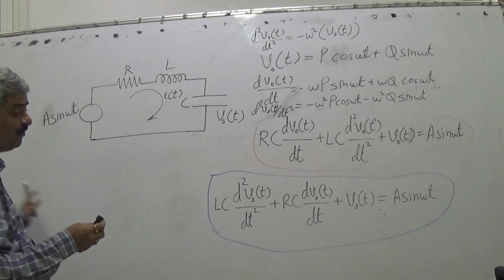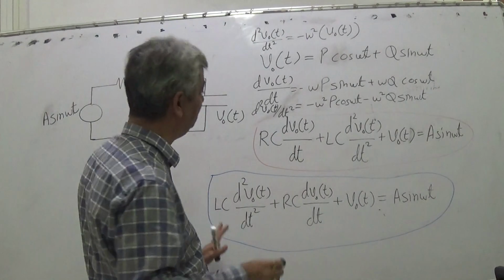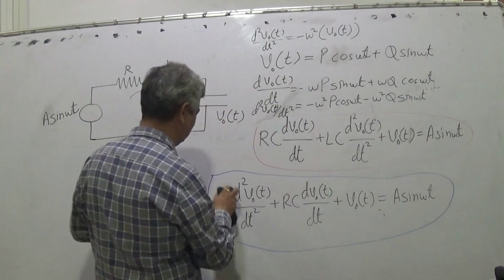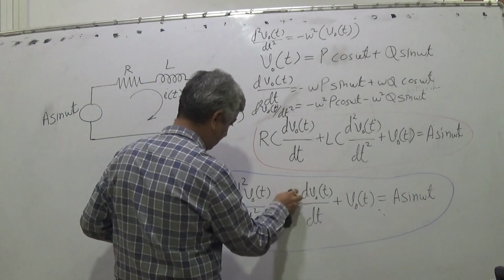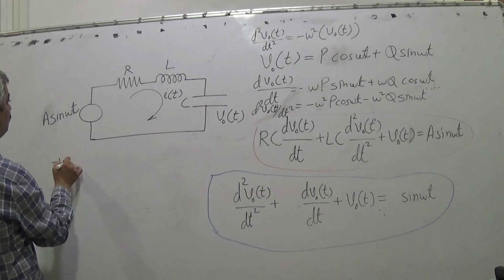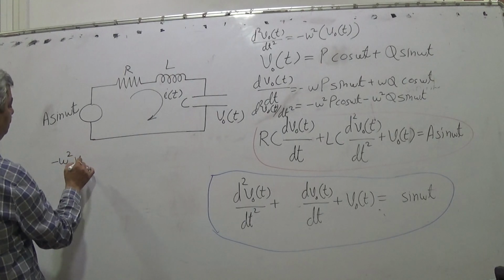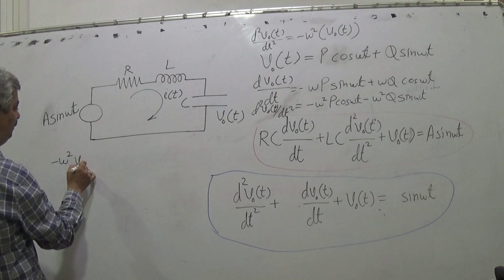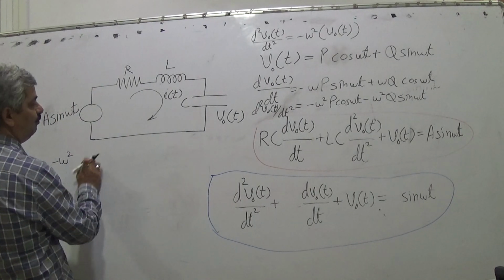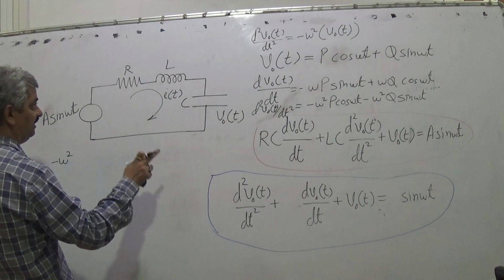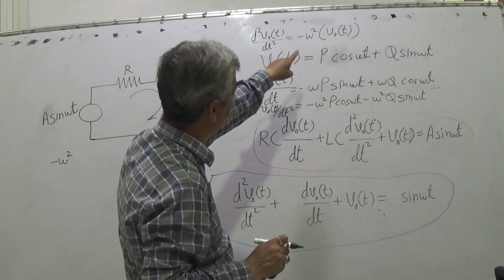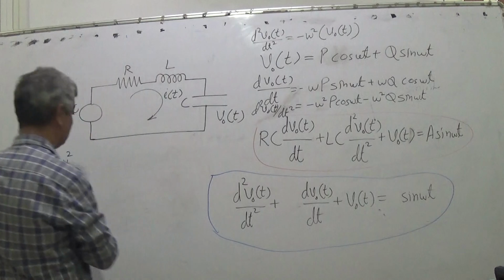Now for simplicity, just for simplicity, I take L, C, R and A as 1. I should not take it, but to make it simple. So in that case, what does the differential equation become?